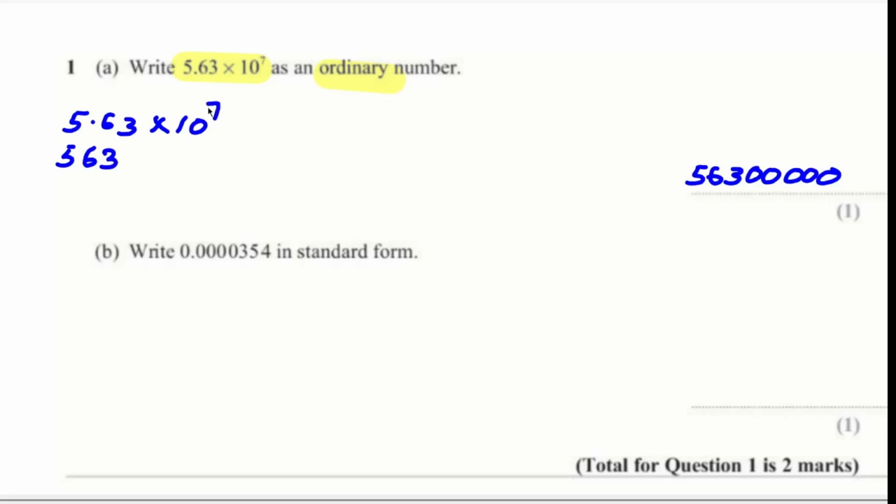Then 5 more tens are remaining. For the remaining tens, 1, 2, 3, 4, 5, the remaining 5 tens are to be replaced here with zeros.